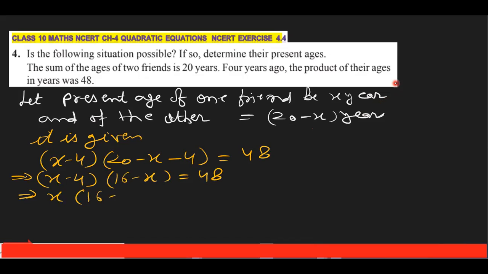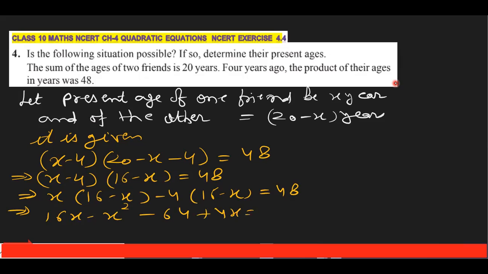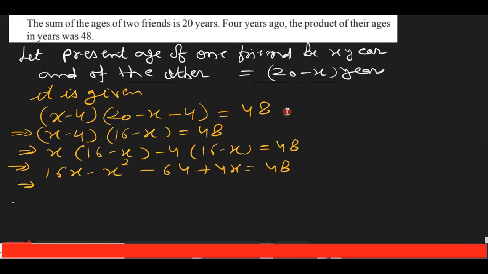We multiply. That is 16X minus X square, further we can write minus X square plus 20X minus 64 minus 48 is 0.